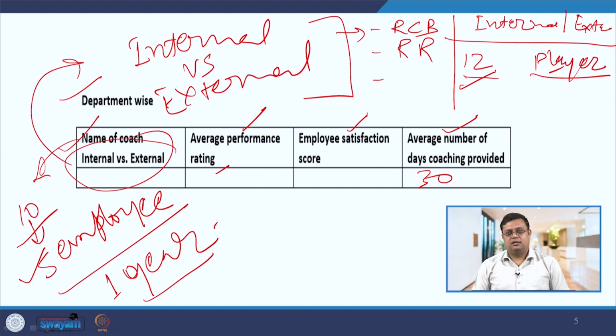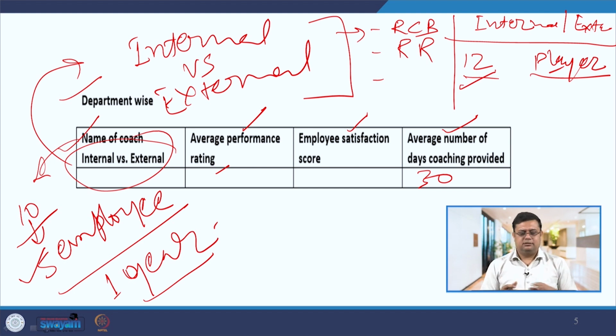It is not necessary, because your organization is different, your priorities are different, your culture is different, your employees are different, and in another organization the culture, employees, situations, competitors, and products are all different. So what suits you may not suit another organization, but you need to understand whether internal or external coaches suit your organization.